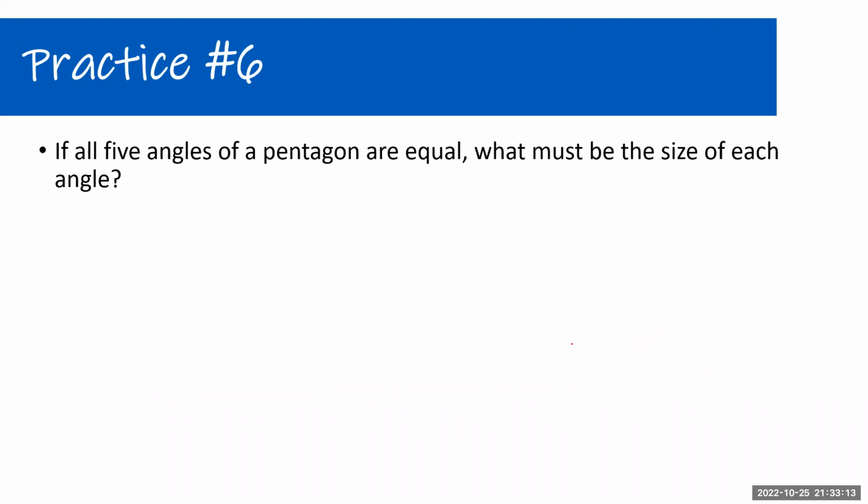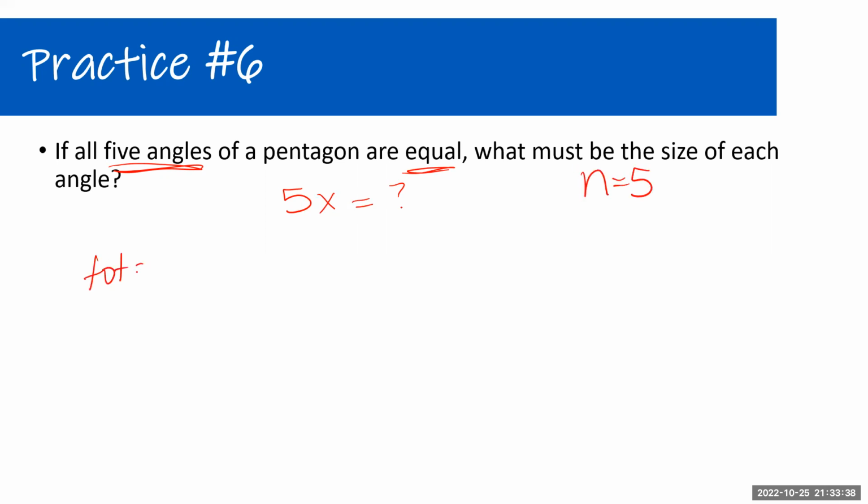If all 5 angles of a pentagon are equal, then what must be the size of each angle? So this is going to put together a little bit of everything that we've just learned. So we have 5 angles, and we know that they're equal. So we know that 5 times whatever angle equals something. What must it equal? Well, in a pentagon, we have n equals 5.